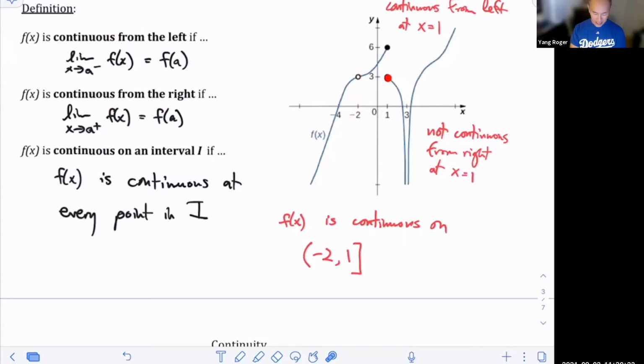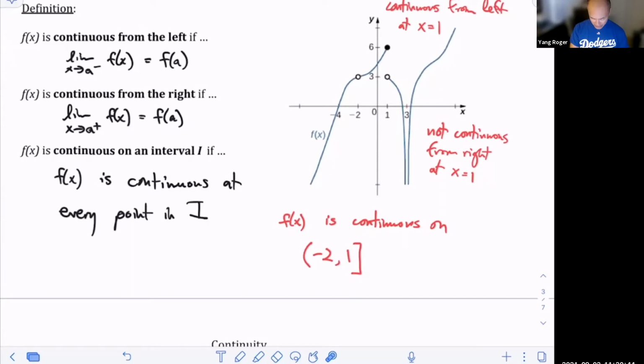I would say x equal to 1 is another interesting point. And I would say x equal to 3 is an interesting point. So at x equal to -2, we have a removable discontinuity. At x equal to 1, we have a jump. At x equal to 3, we have an infinite.